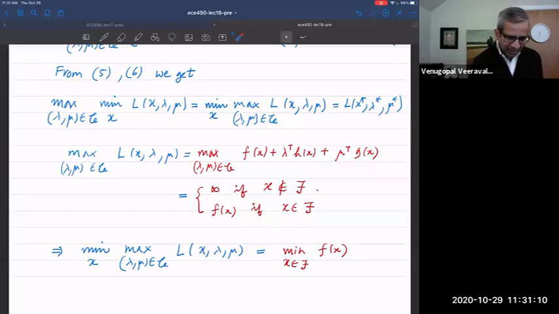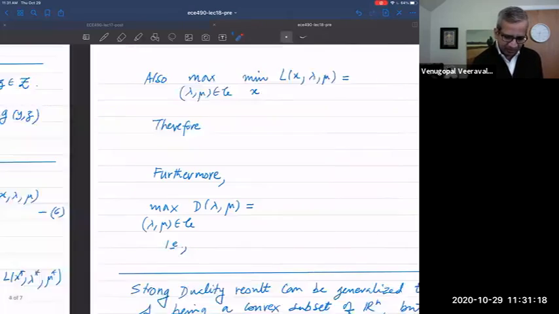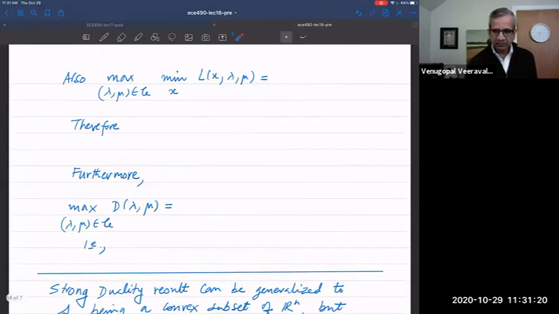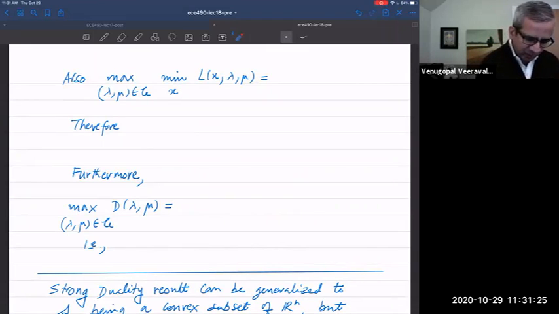So this we actually already know, because the min over x of L is the dual function. So let's write that down. The min over x of L is what we define to be the dual function. So this is the max over lambda, mu, of the dual function.